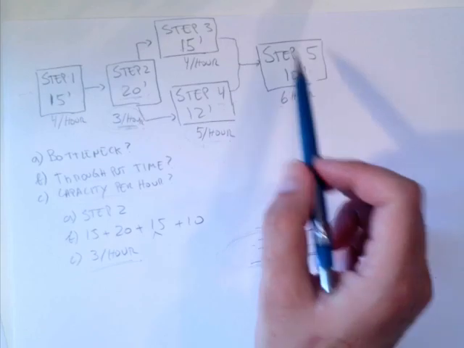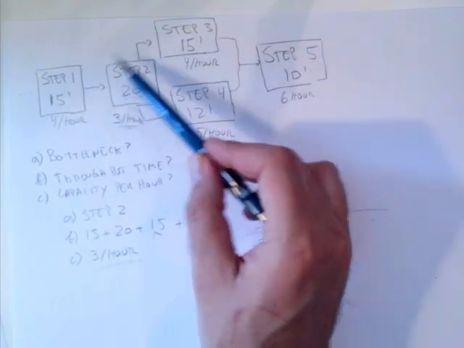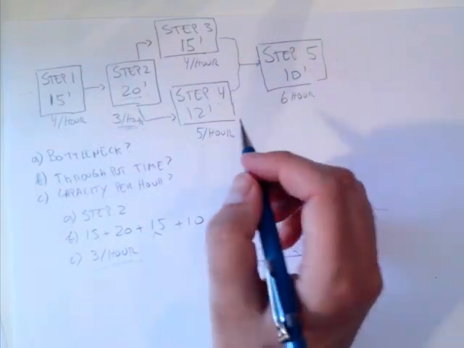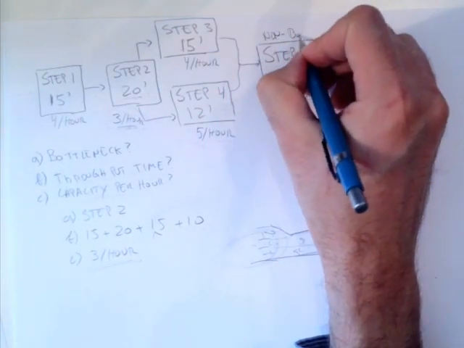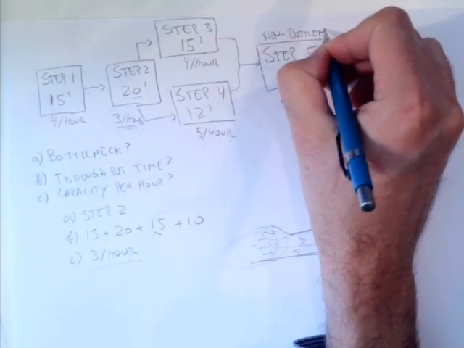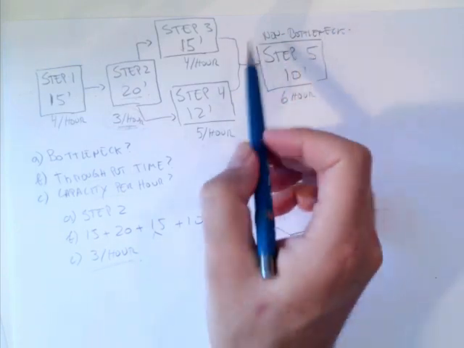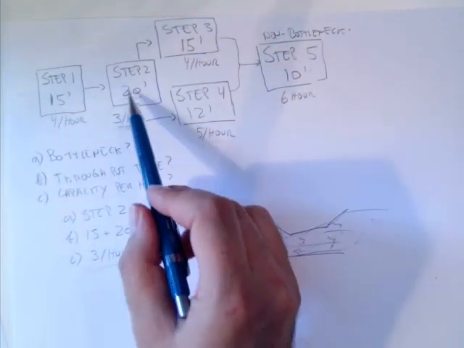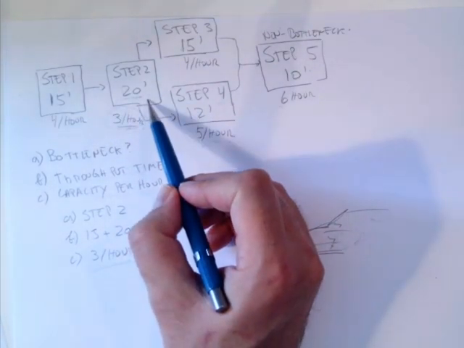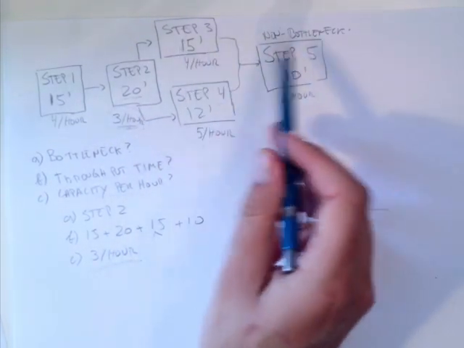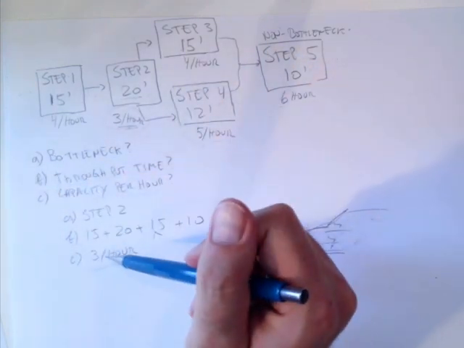So they can lose some efficiency in the other ones, but this one cannot. These other steps are called non-bottleneck steps. All these steps are non-bottleneck steps, and this, of course, is the bottleneck step. So make sure that I don't lose time here, and I'm okay with losing some time in the other ones, okay?